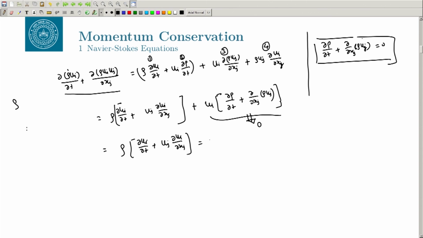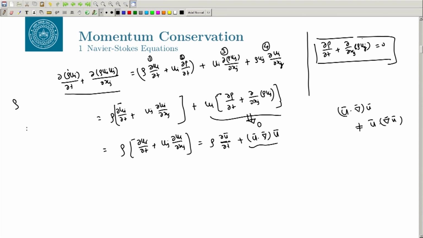If you want to write it in a vector form, this will be rho del u by del t plus u dot del u. Remember this, it is very important to put a bracket there, because this is not equal to u dot del u.